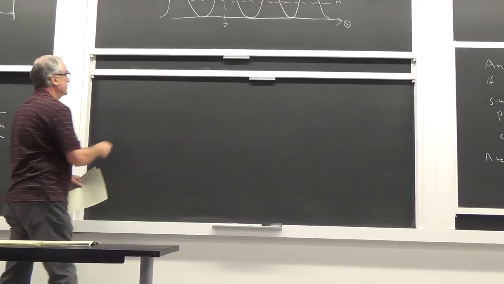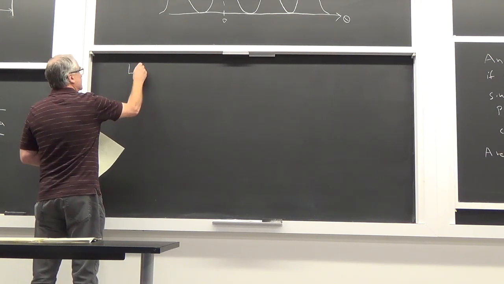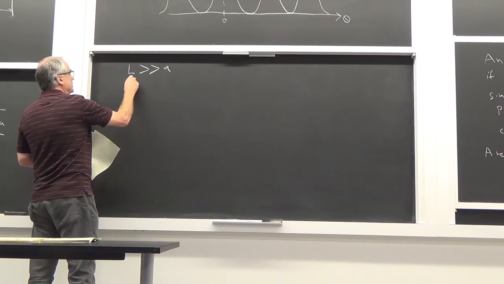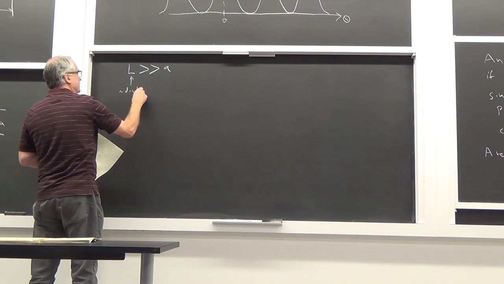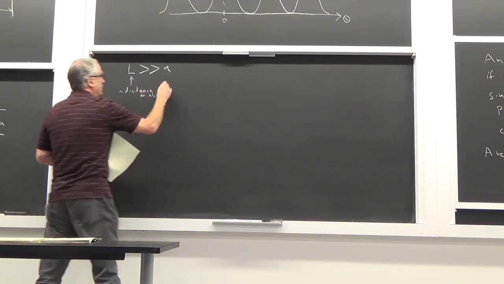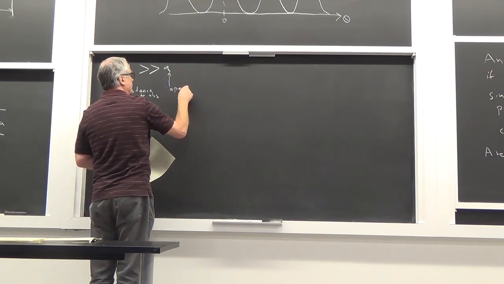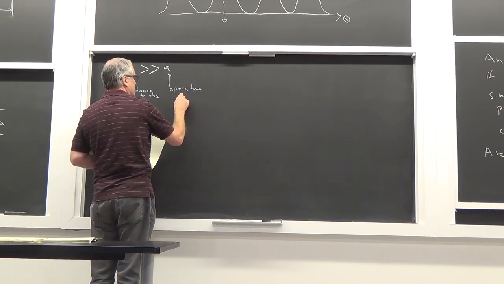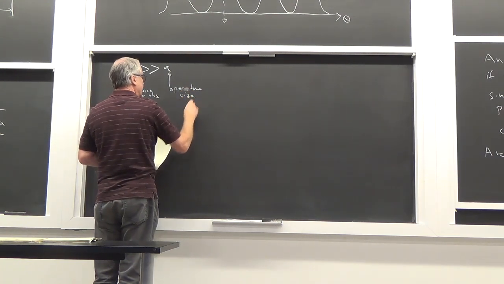So we're going to consider the limit in which the distance to the observation, so L is a characteristic distance to the observation, and A is the aperture size, a characteristic description of the aperture size.